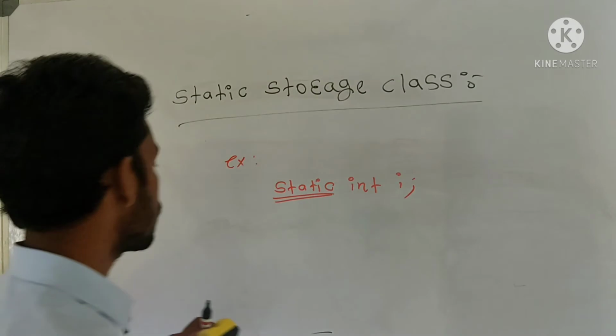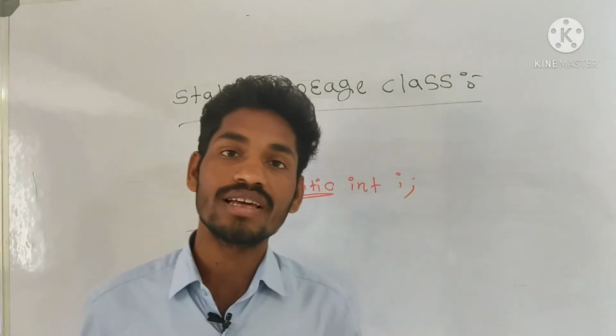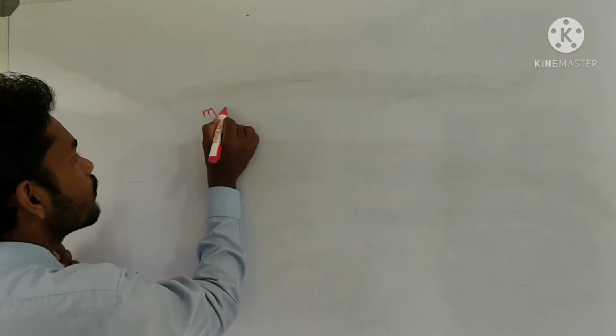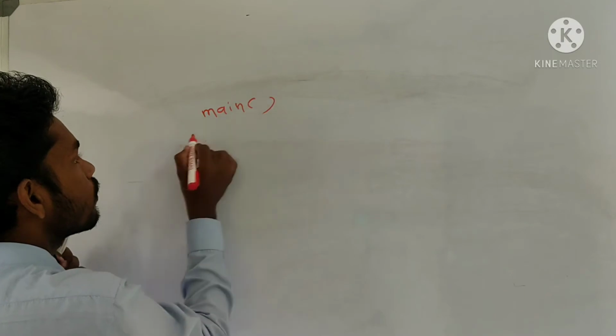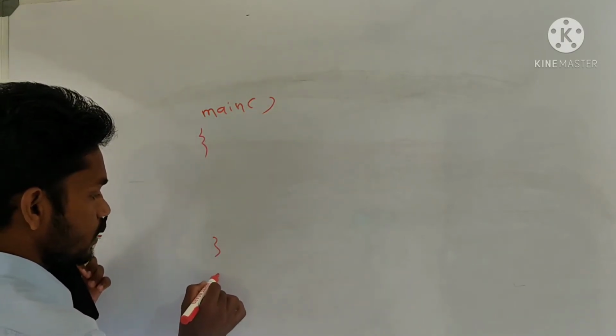The first thing about the static variable is that we can declare it globally as well as locally. For example, there is the main function, and there is one function abc.